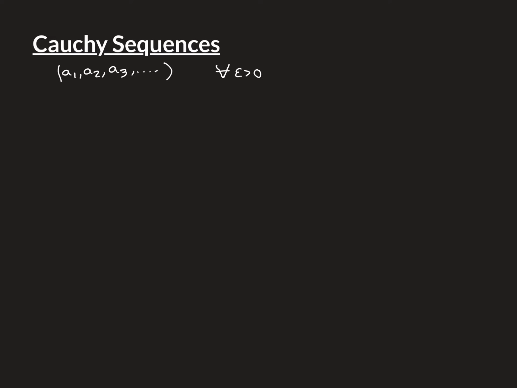For all epsilon greater than 0, there must exist a big N, an element of the natural numbers, such that for all terms beyond it, and this time we're going to need two terms beyond it, so for all little n1 and little n2, which are both greater than or equal to big N, the distance between the terms, and I was about to write x, but we're calling the terms of our sequence a's, so a n1 subtract a n2, the modulus of that difference between them is going to be less than epsilon.